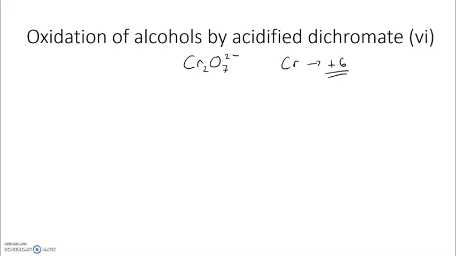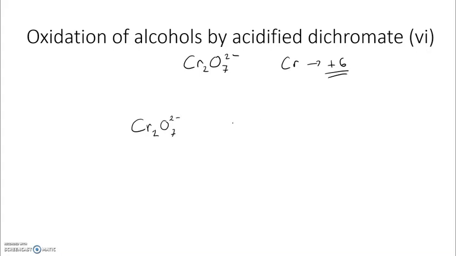So it's going to take electrons away from our alcohol, and it's going to be reduced to a lower oxidation state. The lower oxidation state that it's reduced to is 3+, in the form of chromium 3+ ions.